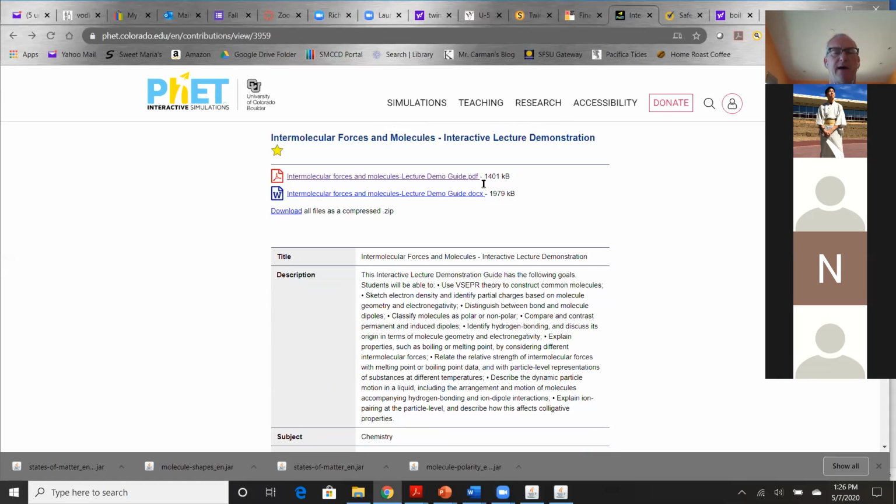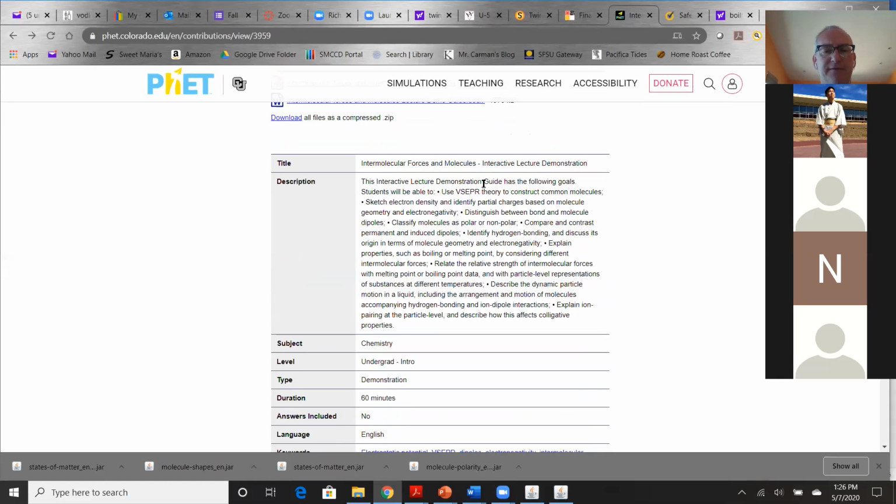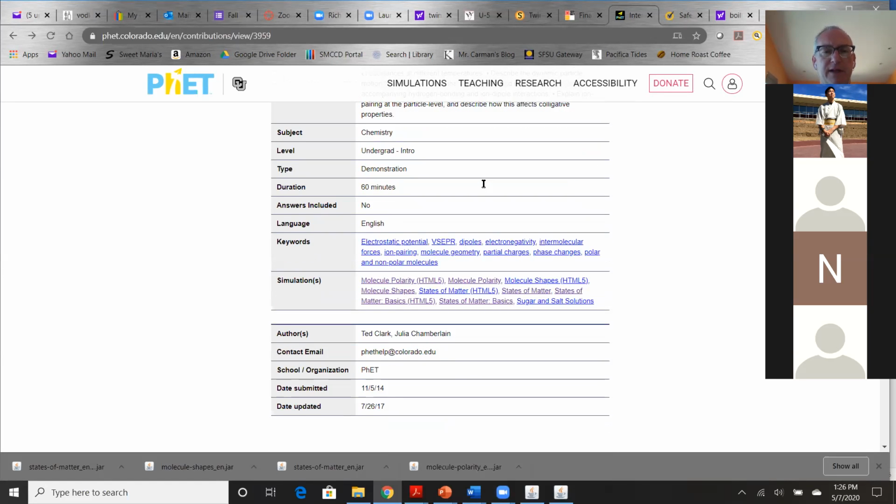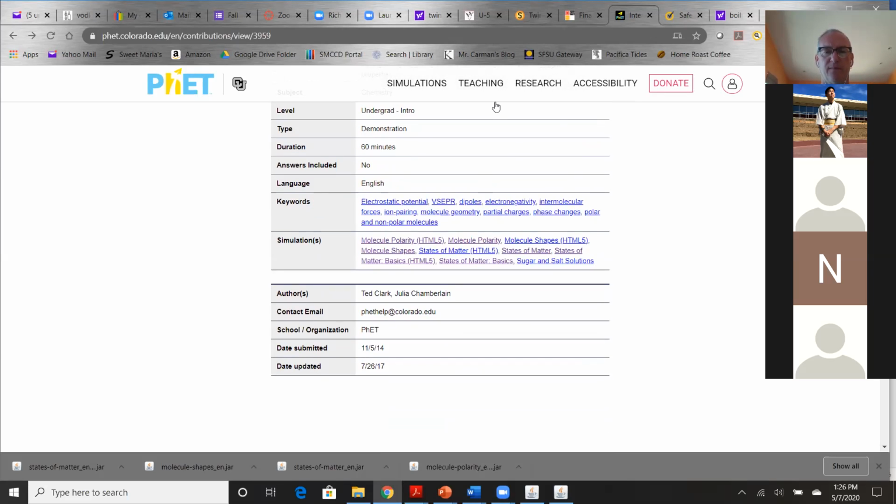So this was a site about intermolecular forces and molecules. It has different links. If you go down a little bit under the simulations, it has molecular polarity HTML5. You could try that one. Maybe that will work better for you. I just downloaded the HTML5 version.